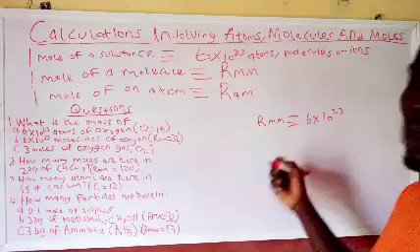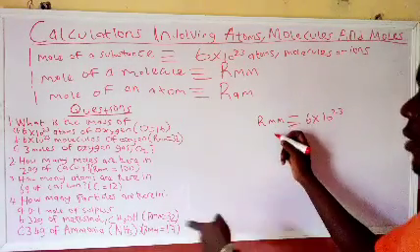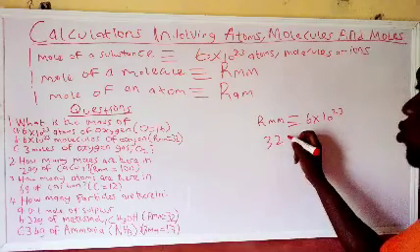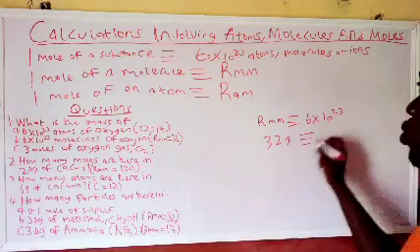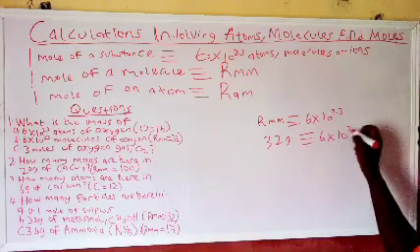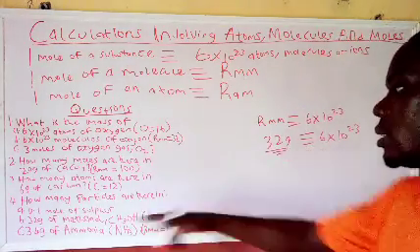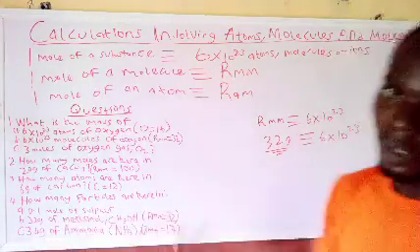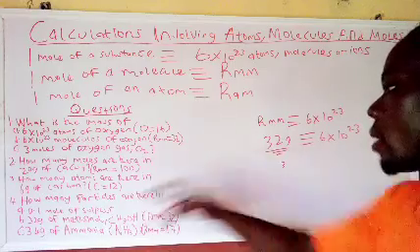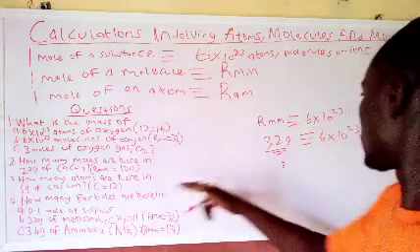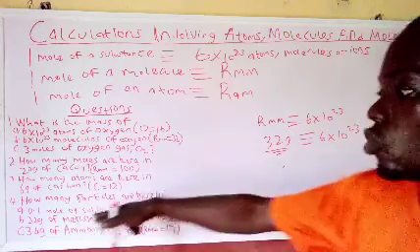What's the RMM? That's 32. So 32 gram is equivalent to 6 times 10 to the power 23. Can you get it? Because 32 is equivalent to 6 times 10 to the power 23, and you are given 32 here, you don't need to go further. That means there are 6 times 10 to the power 23 particles in 32 grams of methanol.